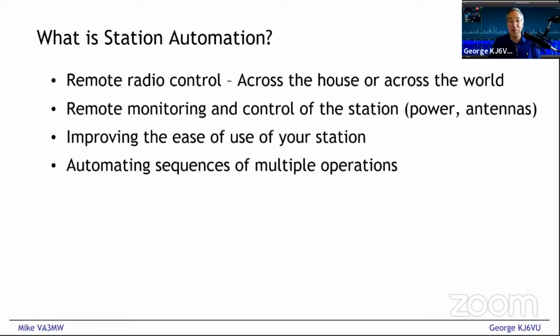The classic example is antenna sequencing when you're doing things like satellites or EME, where pressing the PTT button requires a bunch of relay operations to turn off preamplifiers, switch from the receiver to the transmitter, then key the transmitter without anything going bad. So that's another example of automation that you could consider doing.